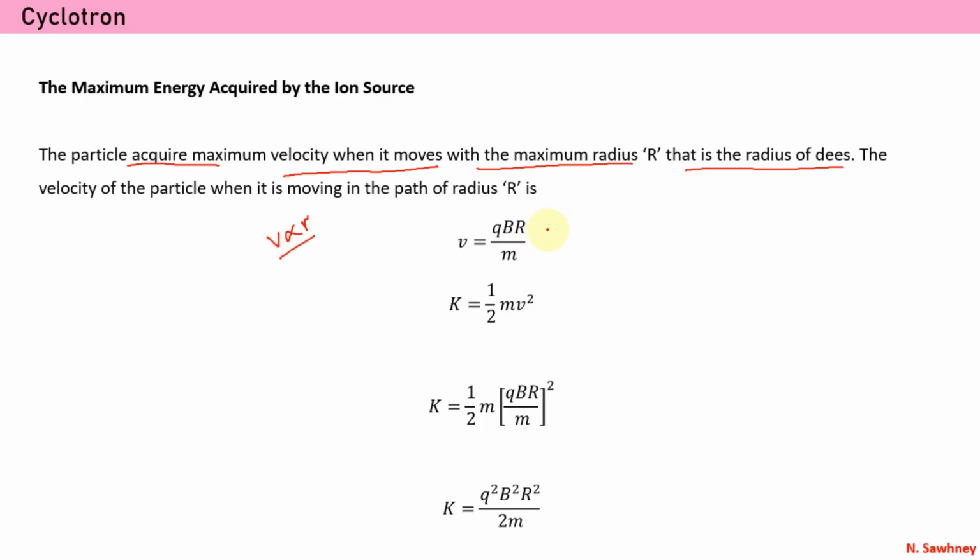So let us find the maximum velocity. It will be qbr upon m, where r is the radius of the Ds, and hence we can calculate the kinetic energy by the formula half mv square. So it will come out to be q square b square r square upon 2m.